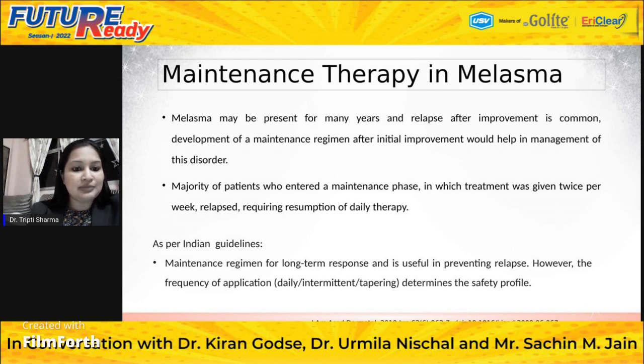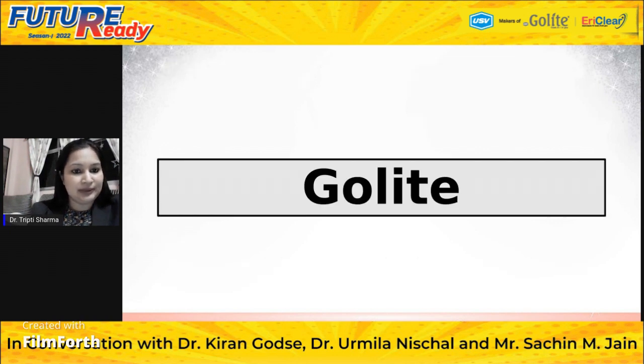As per the Indian guidelines, a maintenance regime is useful for long-term response and in preventing relapse. However, the frequency of application should be daily, with intermittent tapering determined by the safety profile of the therapy.